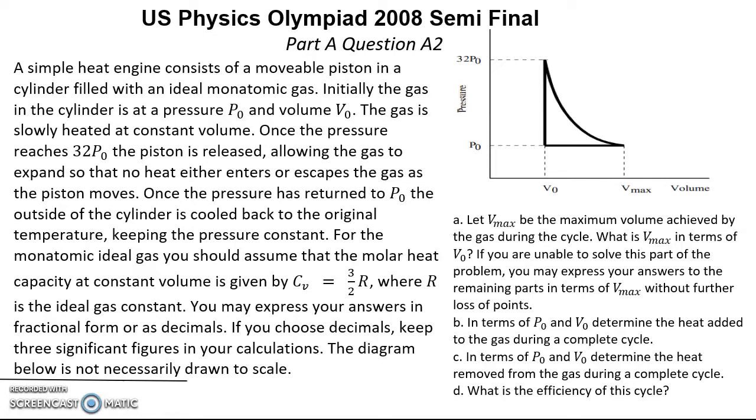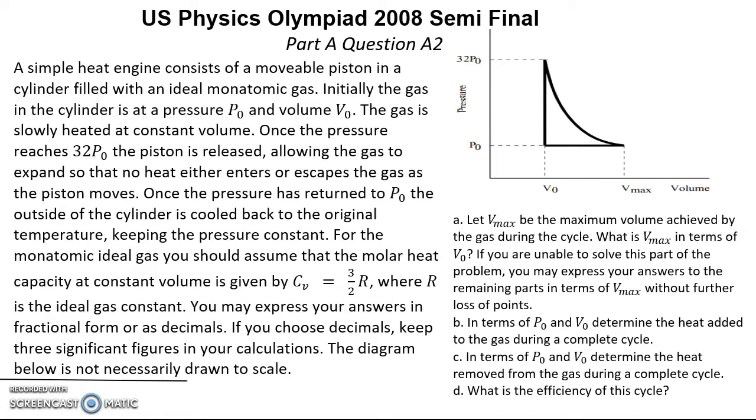A. Let V maximum be the maximum volume achieved by the gas during the cycle. What is V maximum in terms of V0? If you are unable to solve this part of the problem, you may express your answer to the remaining parts in terms of V maximum without further loss of points.